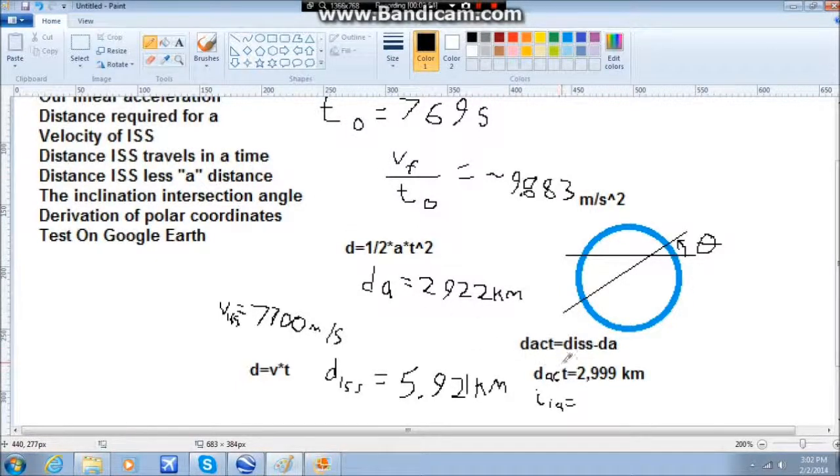So now that we have these two values here, which are very important, these are our two big values here, we now need to convert these into polar coordinates.